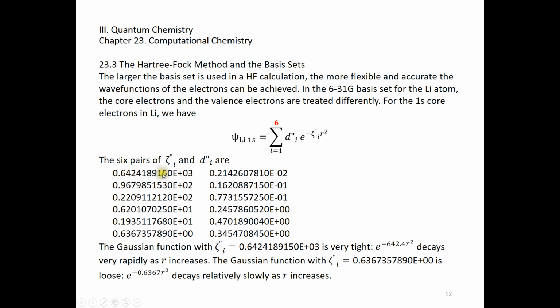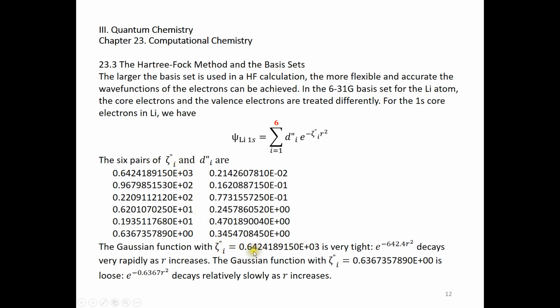And you can see this one is 0.6 times 10 to the power 3, so it's really 642. So if you have a function that is e to the power of negative 642 r squared, this function is extremely narrow. And over here we have a wider distribution. So we use the linear combination of the 6 Gaussian functions with these coefficients and corresponding exponential parameters to describe the core electron in lithium.